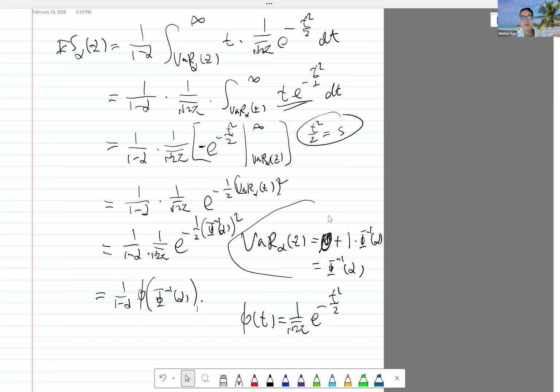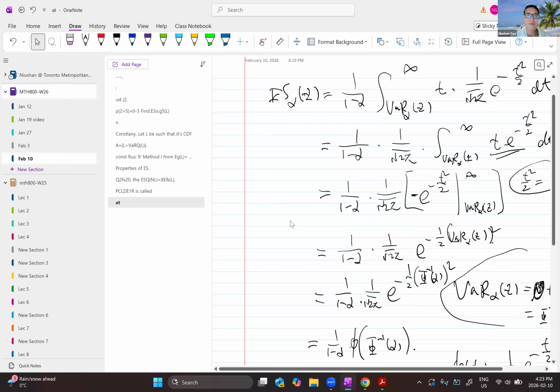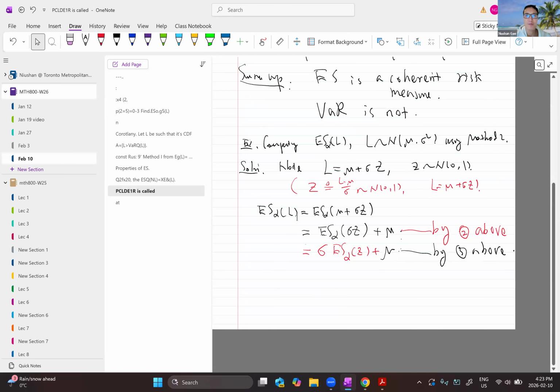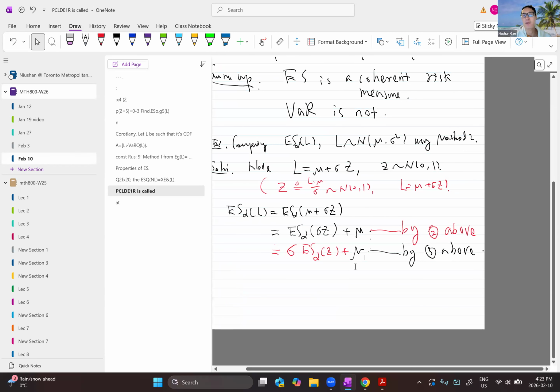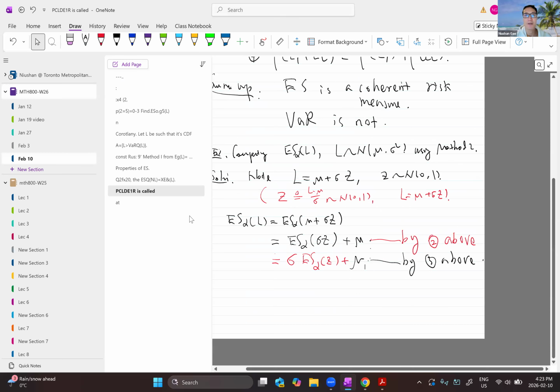Still 2 methods, method 1 and method 2. You have to know all of these in total. Discrete 2 methods, continuous 2 methods. Okay. Now you can put in this expression for expected shortfall for standard normal. Put it here, you get what you want.